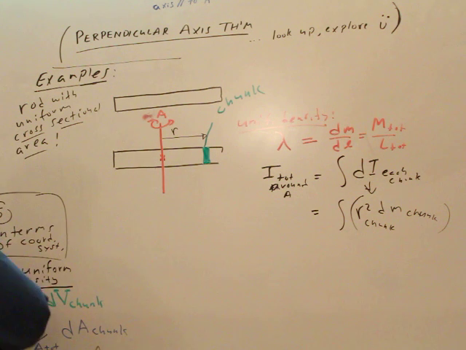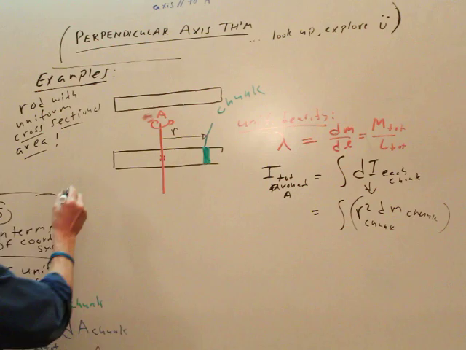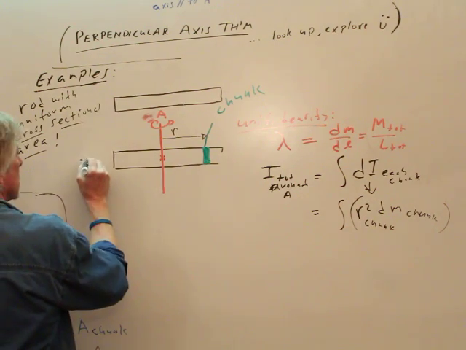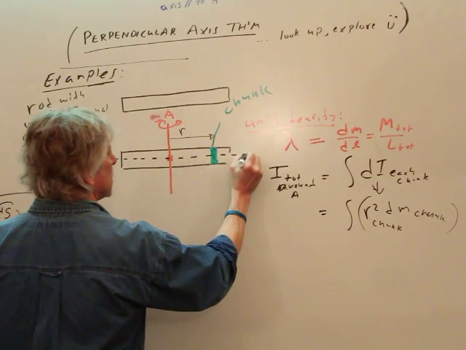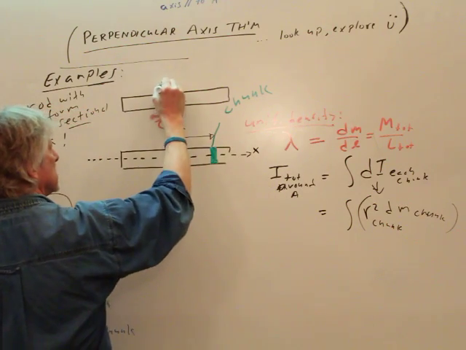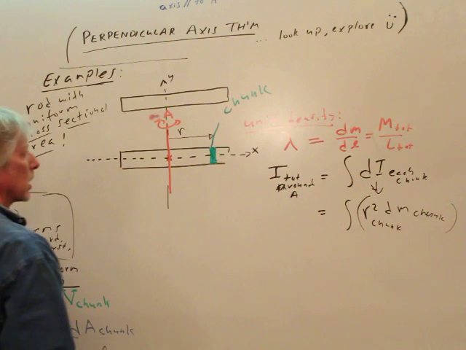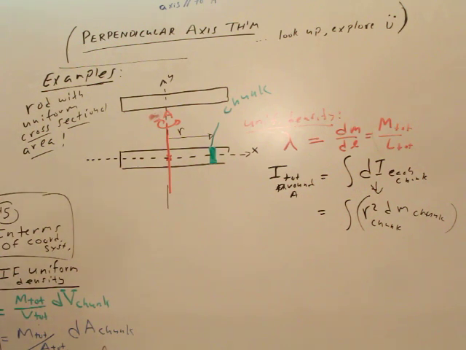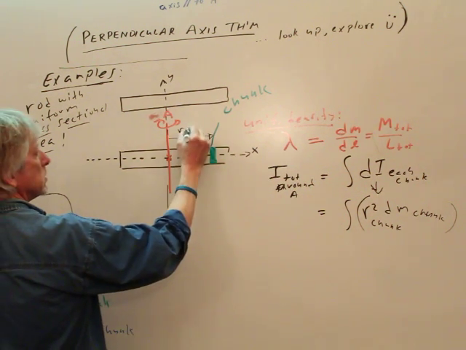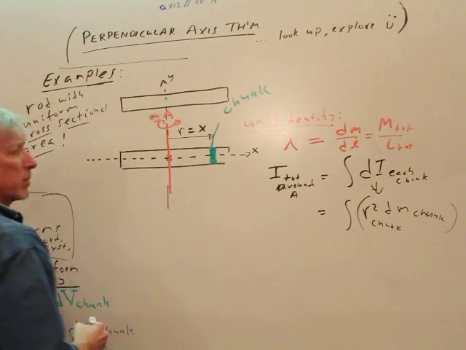Now, you might want to put this in a coordinate system. So this looks kind of standard. I might just do this. X, Y. Okay, fine. So now r, in terms of that coordinate system, would be x.